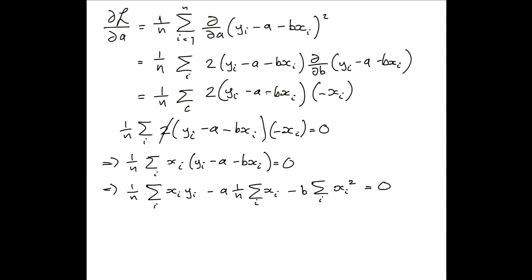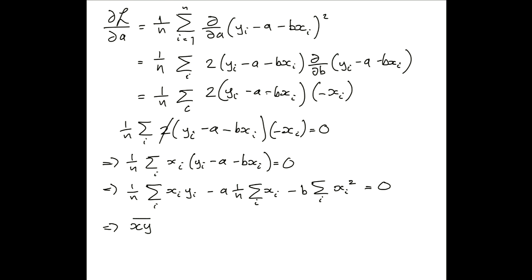So we're going to end up with, using the same notation, this thing here is the mean of the sum of the products, the x's times the y's for each example in the data. That is the mean of the products, I should say. So we'll denote that x y bar.